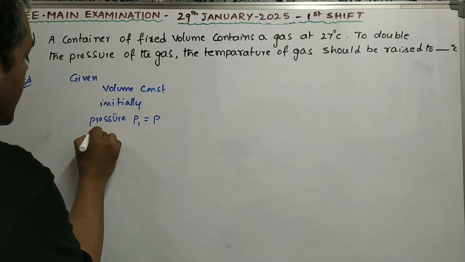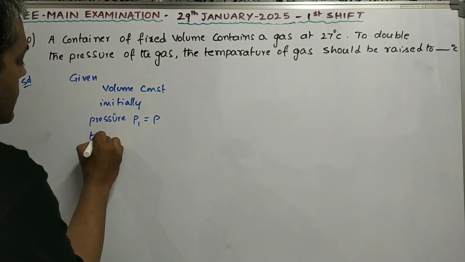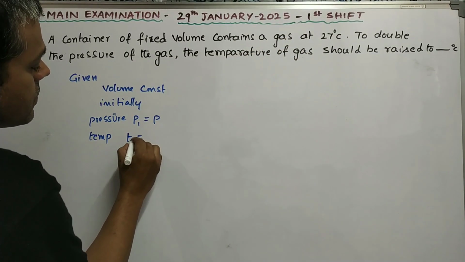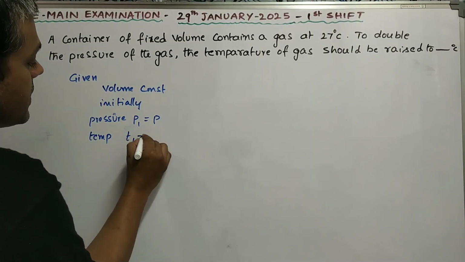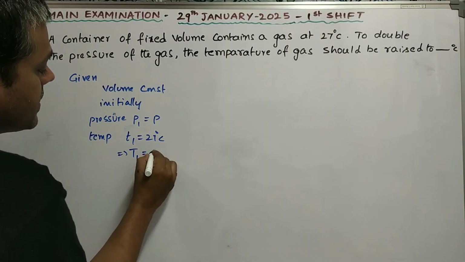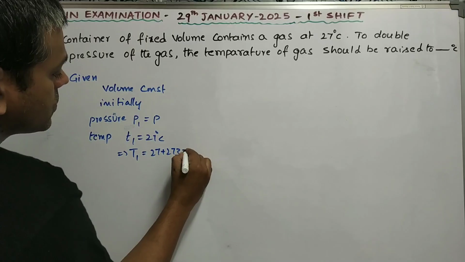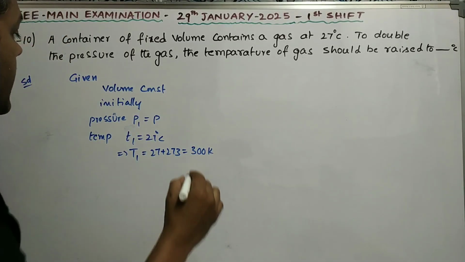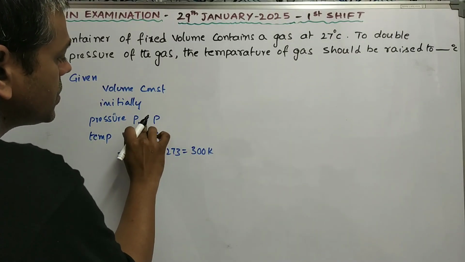It is at how much temperature? 27 degrees Celsius. So temperature T1 is nothing but absolute temperature. 27 degrees implies absolute temperature T1 is equal to 27 plus 273, which is 300 Kelvin. Next, you want to change this pressure from the initial to double of it.